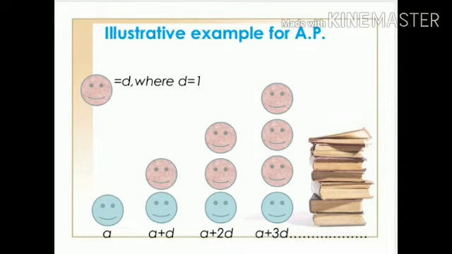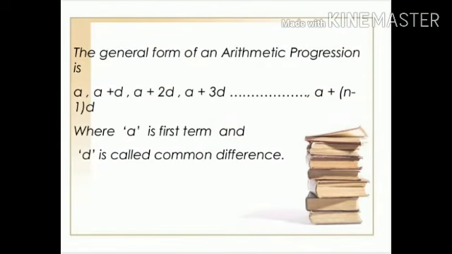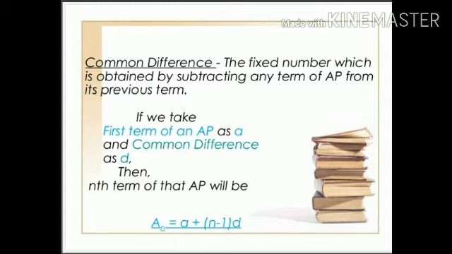Similarly, this one is a plus 3d. So, this diagram indicates the general form of an arithmetic progression, that is a, a plus d, a plus 2d, a plus 3d, and so on up to a plus n minus 1 into d, where a is the first term and d is called the common difference of an arithmetic progression.